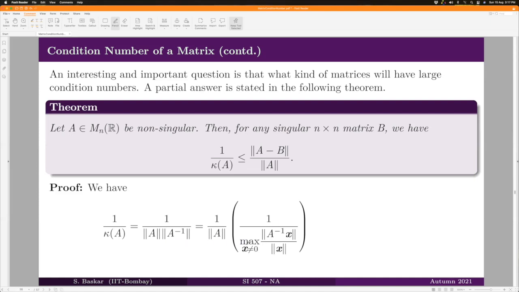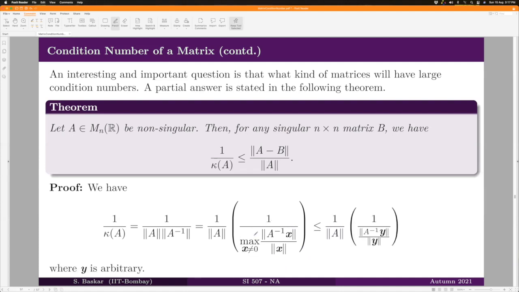That is maximum over all non-zero vectors X of norm A inverse X divided by norm X. This is the definition of subordinate matrix norm. Well, the definition is a little different, but we can derive this result from the definition. We have seen it in the last class, so I'm just using that expression for the subordinate matrix norm.